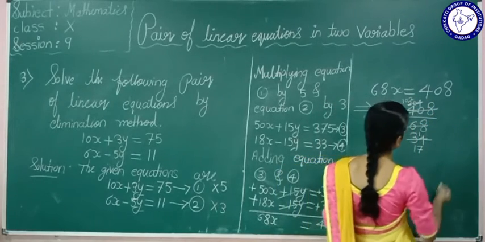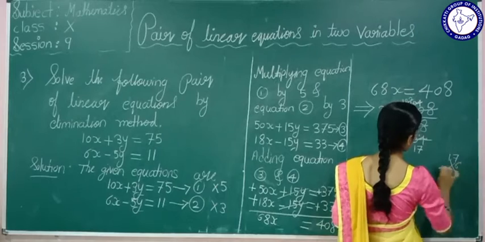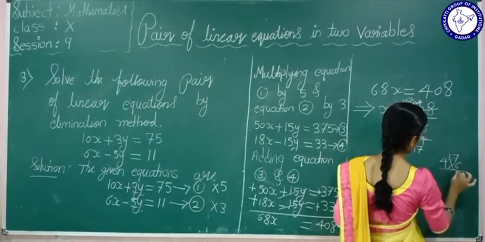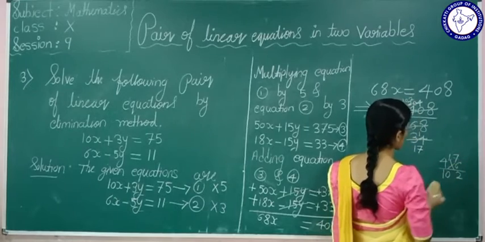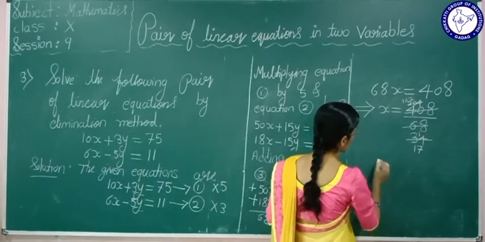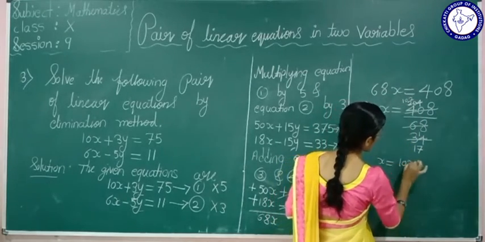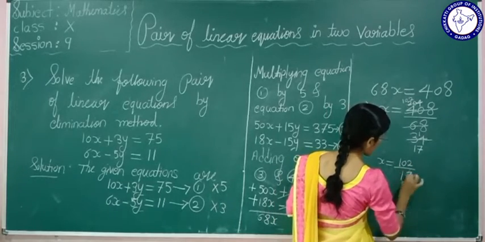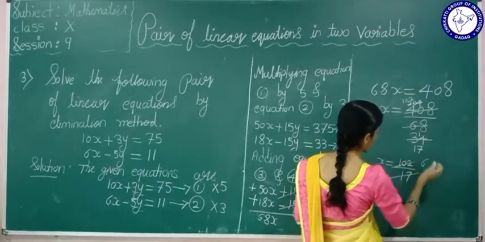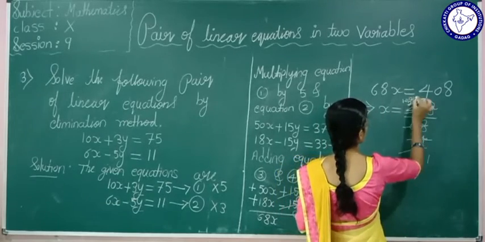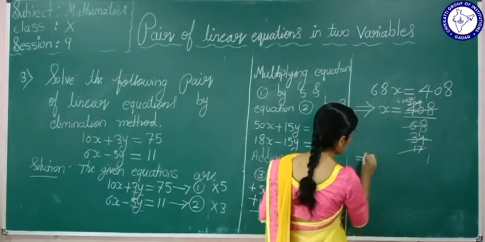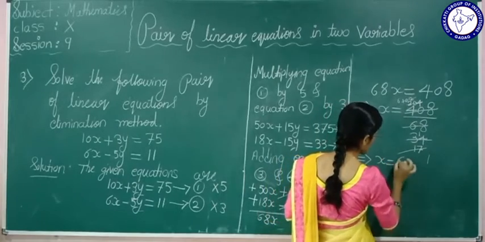Okay, now see 17 6s are how much, students? 7 6s are 42 here. 6 1s are 6, 6 plus 4 is 10. 17 6s are 102. Now see here, it is 102 divided by 17, right? 17 1s are 17 6s are. We got x is equal to how much? This implies x is equal to 6.